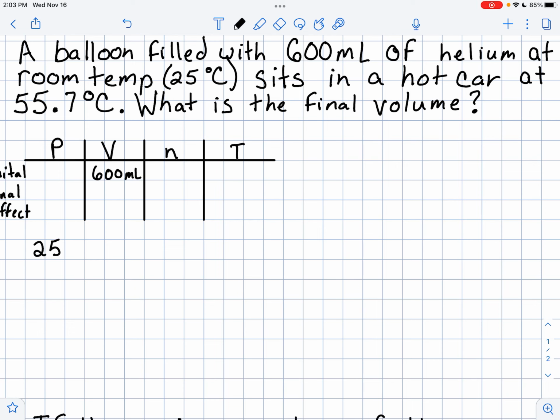We do that by having 25 degrees Celsius plus 273.15 equals 298.15 Kelvin. Remember, there is no degree symbol with Kelvin. So now I have 298.15.